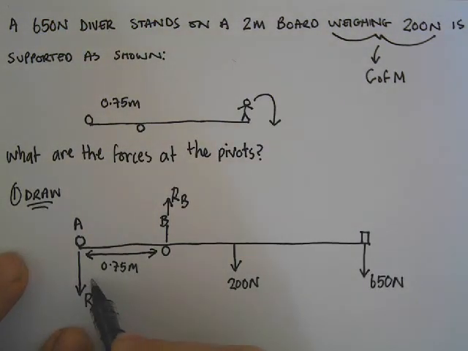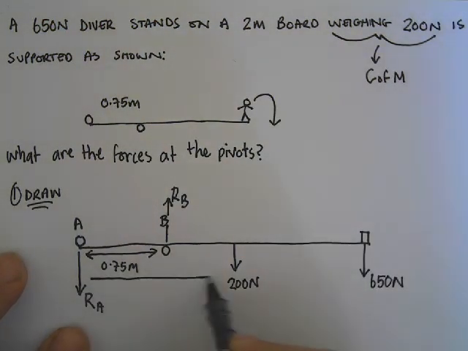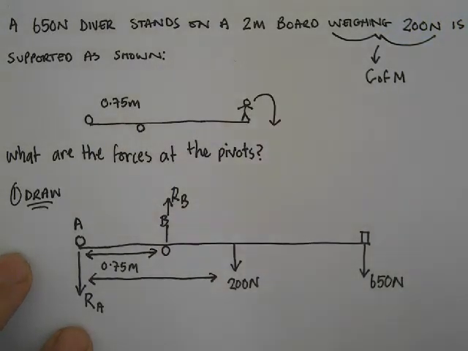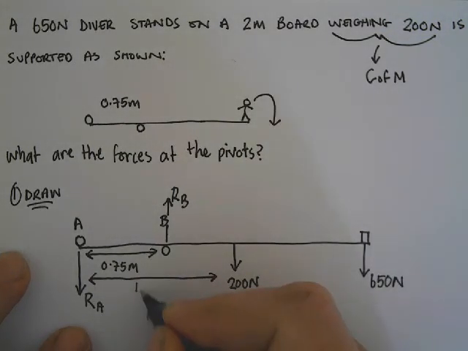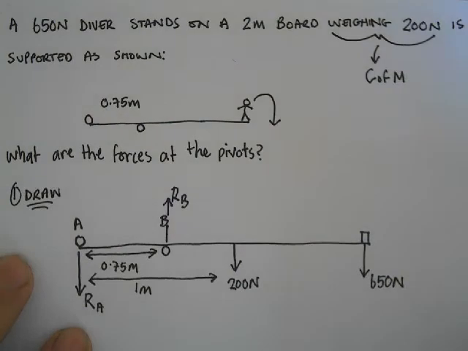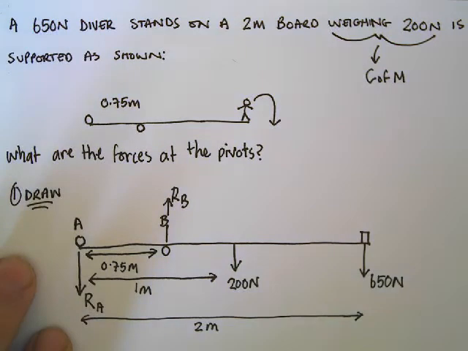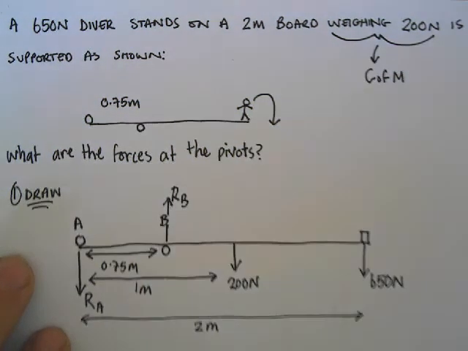Now is there anything else I can add? Yes, I can also add that the distance to the middle of the board, if it's a 2 metre long board, must be 1 metre, and the distance between this pivot and where the diver is 2 metres.